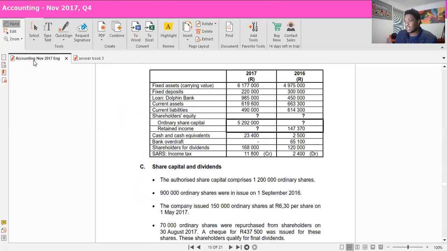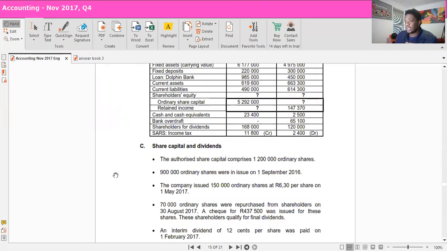And then what's the other transaction? They say 70,000 ordinary shares were repurchased from shareholders on the 30th of May 2017. A cheque for 437,500 was issued for these shares. These shareholders qualify for dividends. Cool.